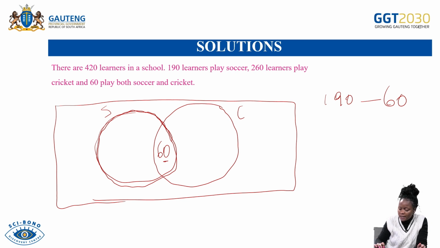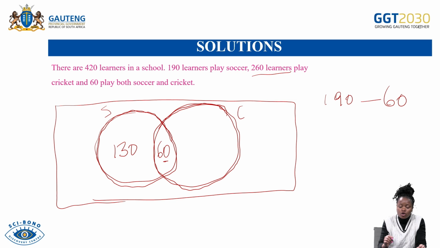So you'll say 190 minus 60, then you'll get 130. So it means you only have 130 learners that only play soccer. Then you move to 260 learners that play cricket. So when I add everything in this event, it needs to give me 260. So how am I going to get the learners who are playing cricket only? I'll say 260 minus the 60 of the intersection, then I'll get 200, right?